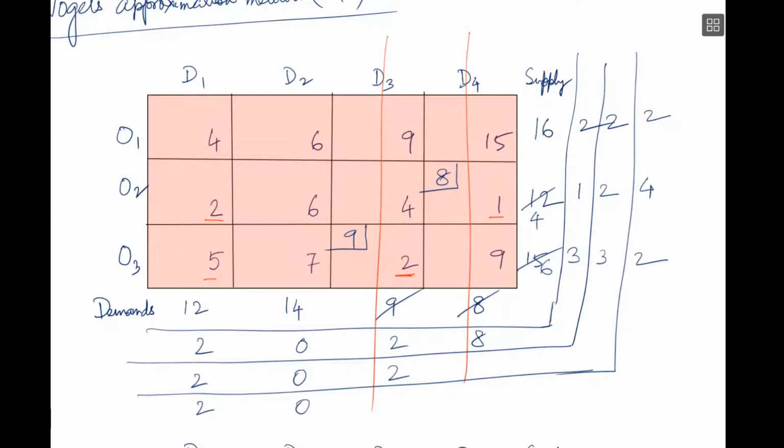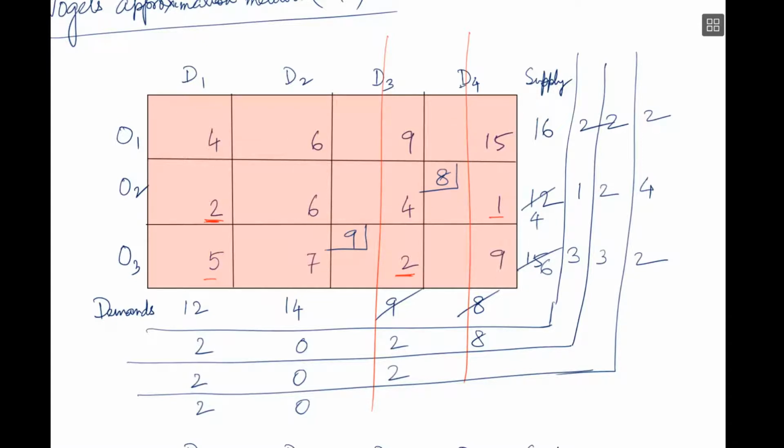So the maximum difference occurs in the second row, and in the second row the minimum cost is 2, not this one, because we have already made allocation in the cell 2, 4, and that column has already been discarded, so that will not be considered anymore.